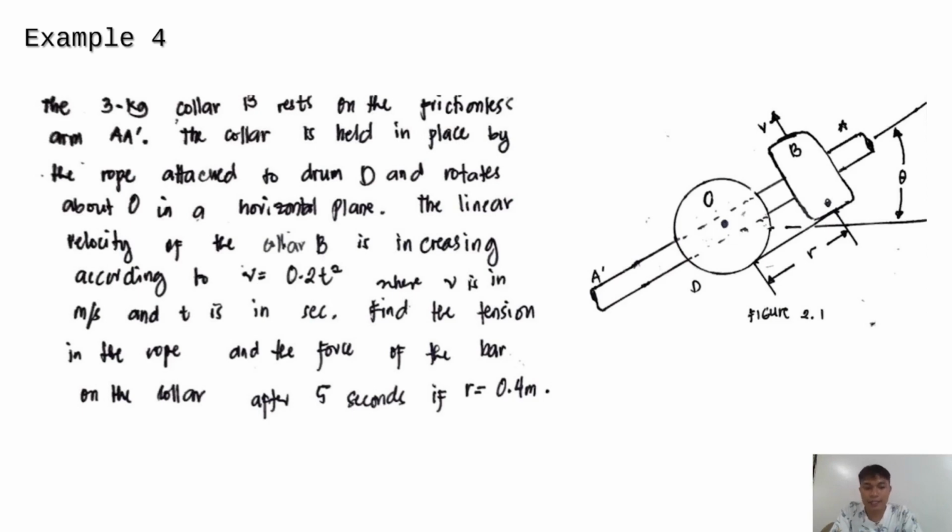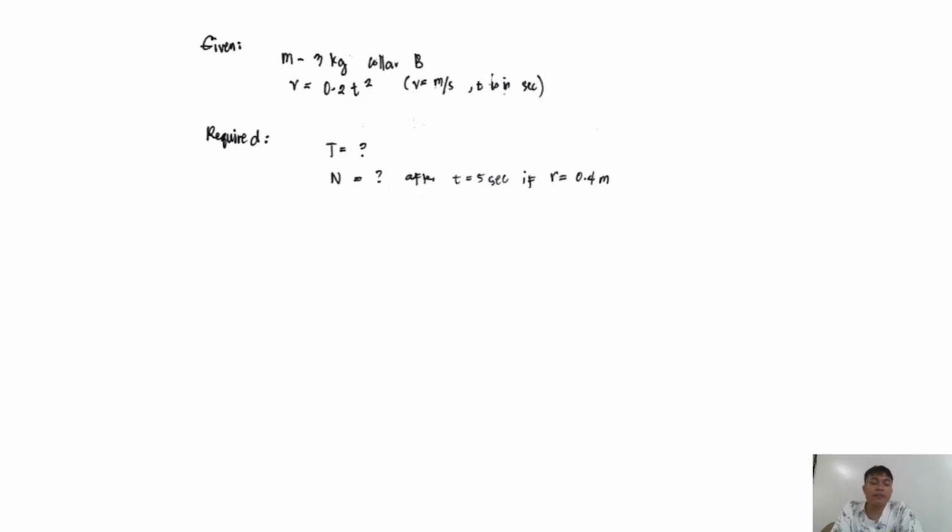Find the tension in the rope and the force of the bar on the collar after 5 seconds if the radius is equal to 0.4 meters. The given: we have the mass of our collar B, 3 kg, and our velocity, which is in equation form, 0.2 t squared.